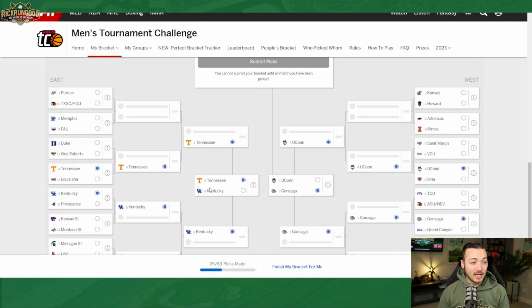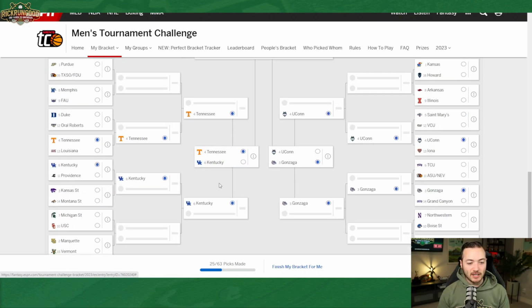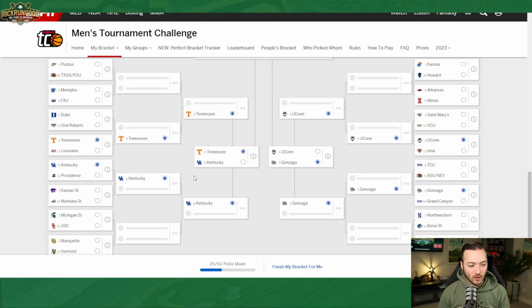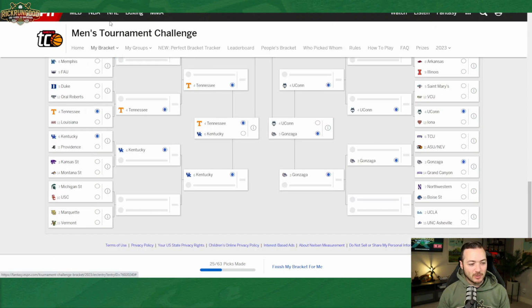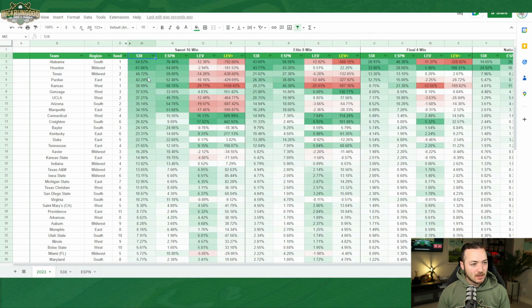Yeah, so we could do this. We could do basically Kentucky and Tennessee running into each other in the Elite Eight, and then Tennessee would obviously move on. The only concern there would be we'd have to beat Marquette at some point. So Tennessee would have to beat Marquette, which I don't think is going to be a super big issue.